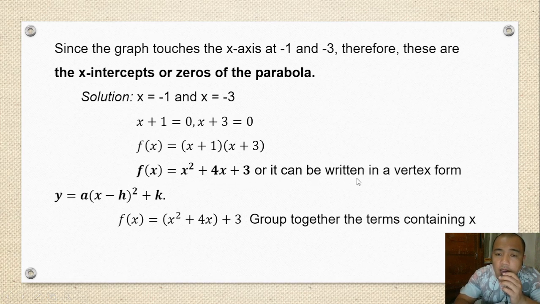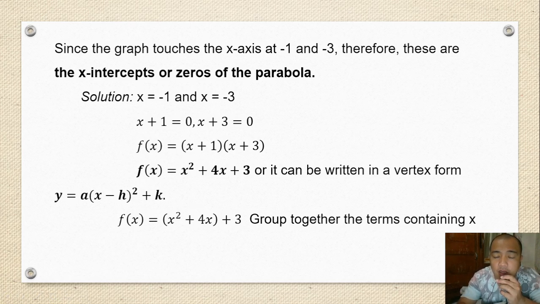Or it can be written in vertex form. We've learned also in the past how to rewrite a quadratic equation from standard form to vertex form. How? By completing the square method or by solving its vertex h, k.